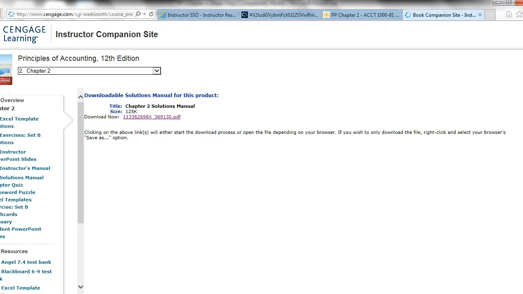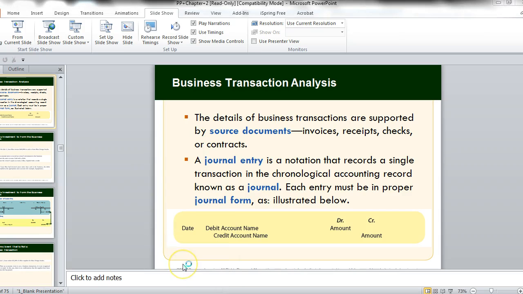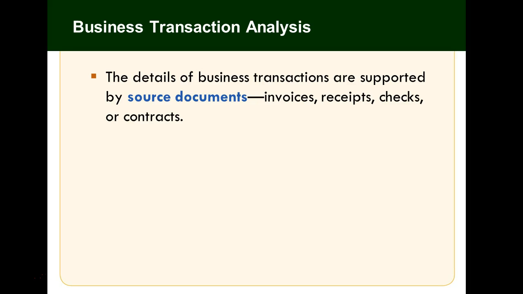Okay, so now we're going to start talking about analyzing these transactions. We kind of just analyzed a transaction as far as understanding the valuation, the classification, and the recognition. Okay, so now we're going to look at how we analyze business transactions.